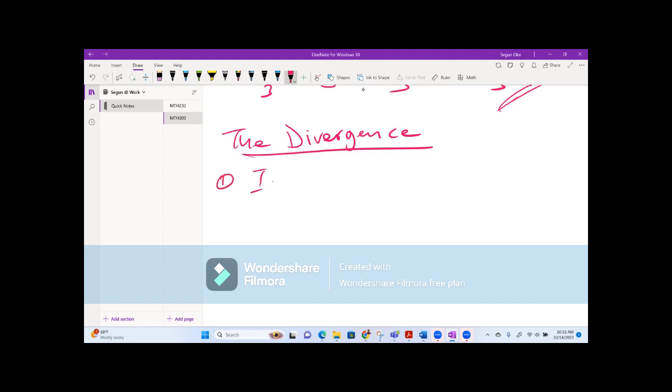Number 1, if A is equals to x squared zi minus 2y cubed z squared j plus xy squared zk.